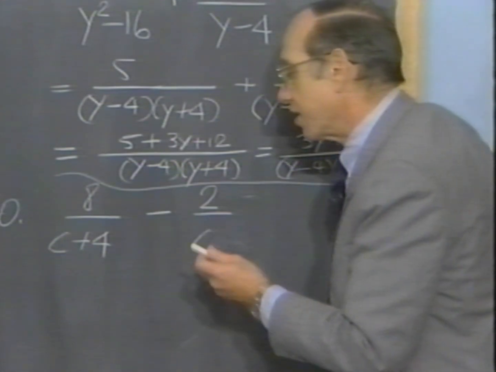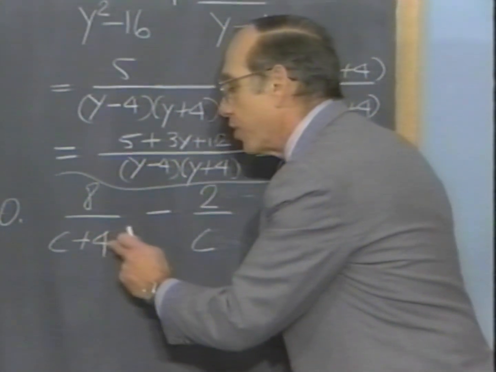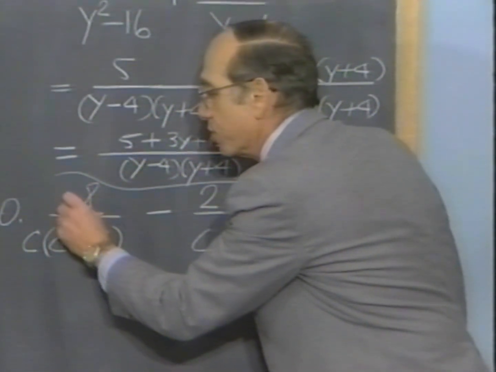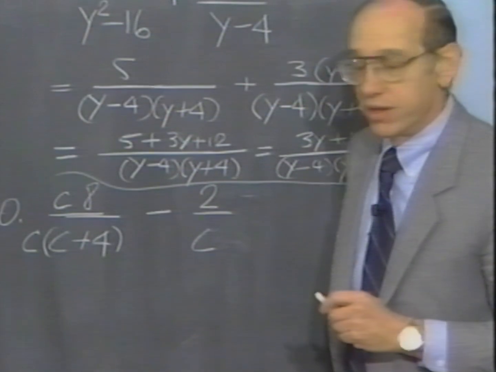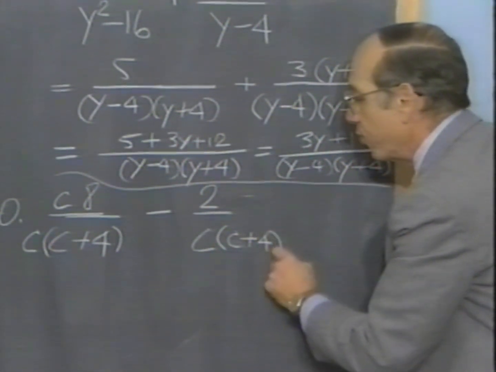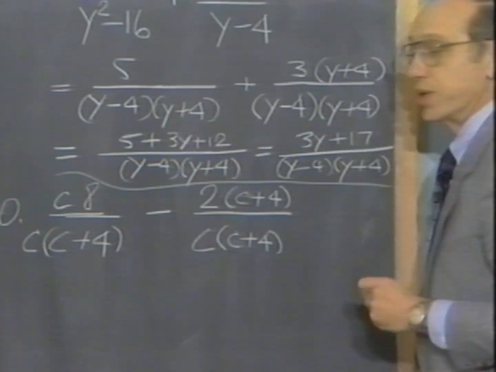So therefore, to get a least common denominator, what you must do is multiply this denominator by c, which means multiply this numerator by c, and multiply this denominator by the missing factor c plus 4, which means multiplying this numerator by c plus 4.